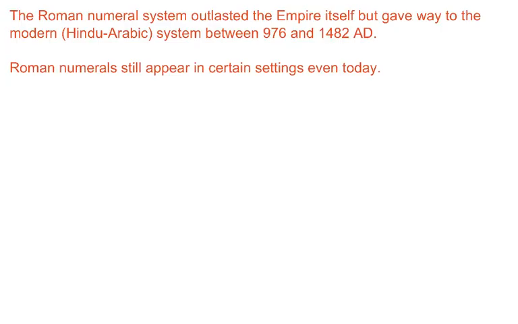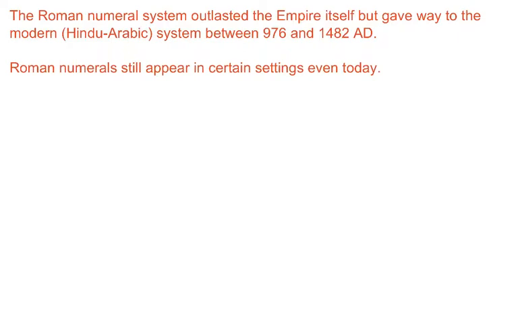The Roman numeral system lasted longer than the empire did. The empire fell in 2 pieces. The western part, centered around Rome, pretty much fell apart at the end of the 400s. The eastern part, centered around Constantinople, which is modern-day Istanbul, lasted into the 1400s.